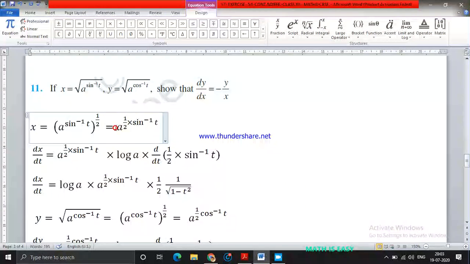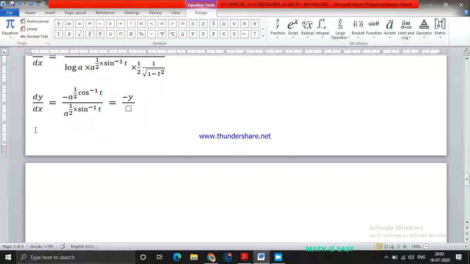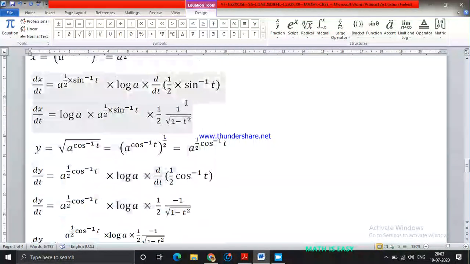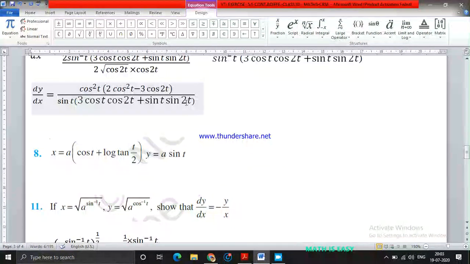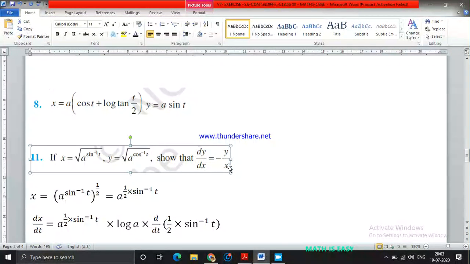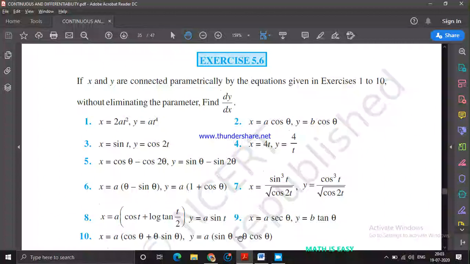See here, a to the power 1 by 2 sin inverse t, which is nothing but x. Okay, minus y by x. So what you got? dy by dx equals to minus y by x. I think that is the question to prove, right? Prove that dy by dx equals to minus y by x. Okay, so we have done it.